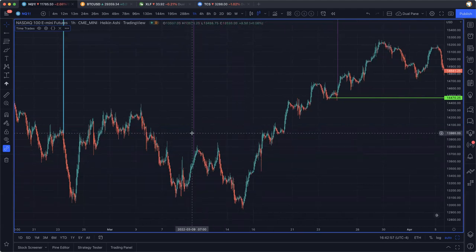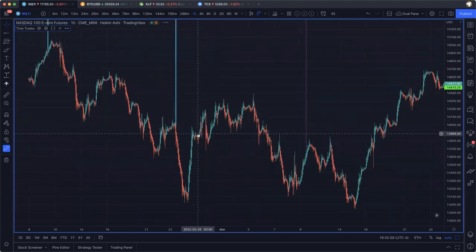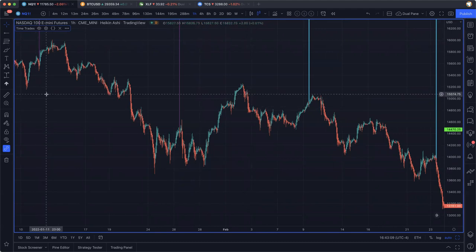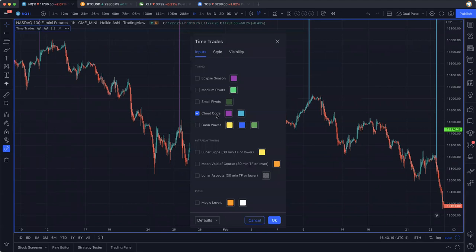So that again seemed to be the behavior earlier in March, and similar pump and dump type behavior in January. So I encourage you to turn these on and go back and check for yourself and look at the price action. But these are very interesting and what seem to be very repeatable patterns around these purple cheat code lines. Okay, let's turn on Gann Waves.